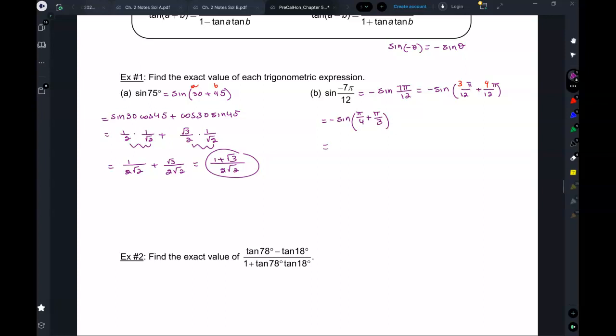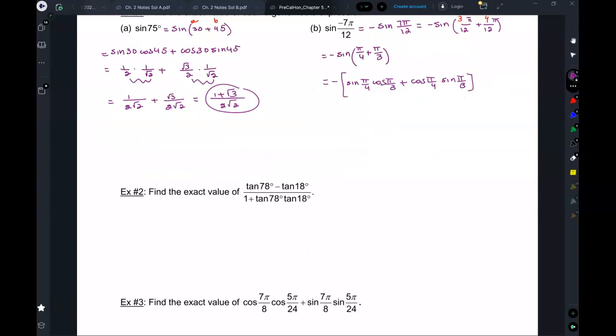Okay, now I got A and B again. Negative stays out here, and again, it's going to be sine, cosine, plus cosine, sine. And the order of the angles will stay the same, pi over 4, pi over 3, okay? Now, I know what sine of pi over 4 is, 1 over root 2. What's cosine of pi over 3?